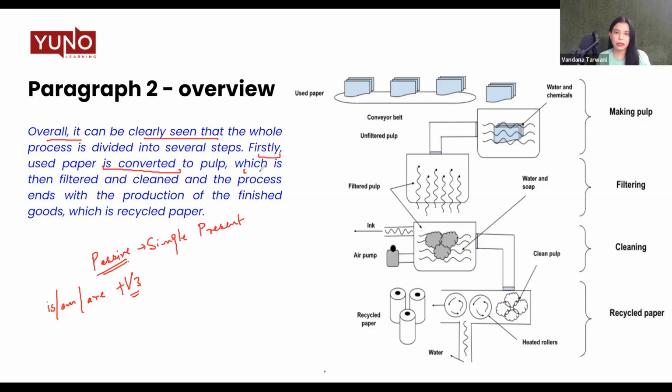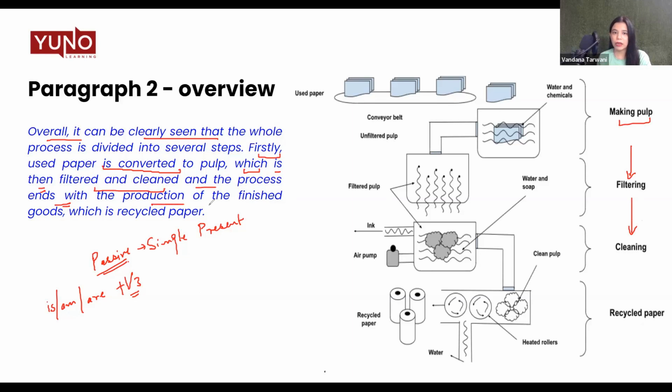And then comes another linker, which is then. Now we are coming to our second step, filtered and cleaned. So look here, making pulp, then it is filtered, and then it is cleaned. And the process ends with, that means now we are talking about the final step.